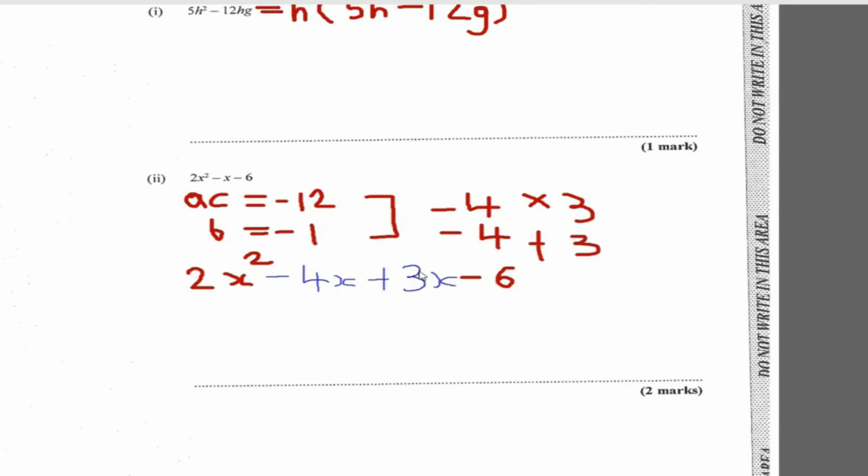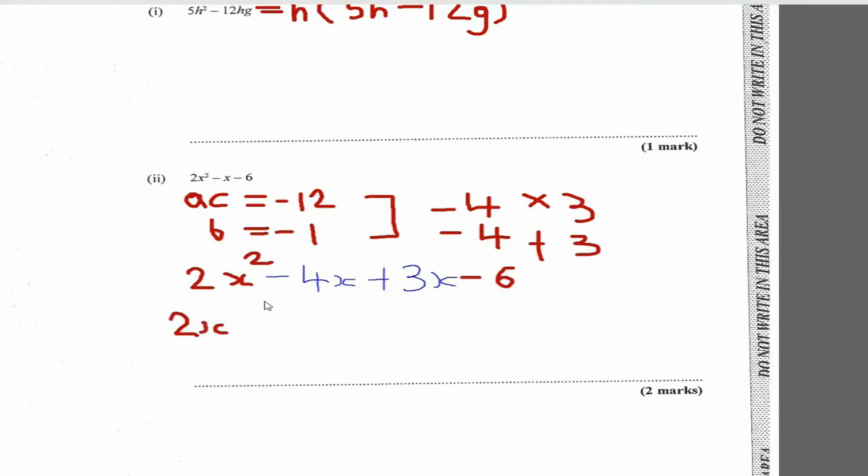Now we know how to factorize normally, among 2 terms. So we just need to identify the highest common factor among the first 2 terms and the highest common factor among the next 2 terms. Among the first 2 terms, the highest common factor seems to be 2x.